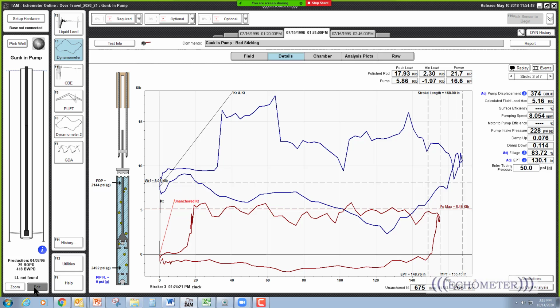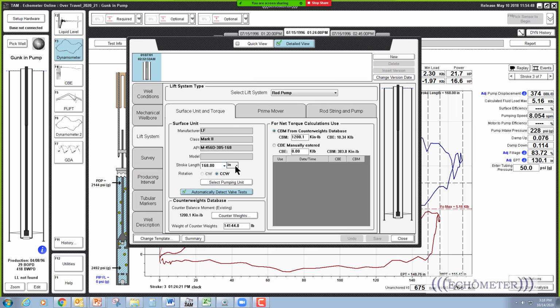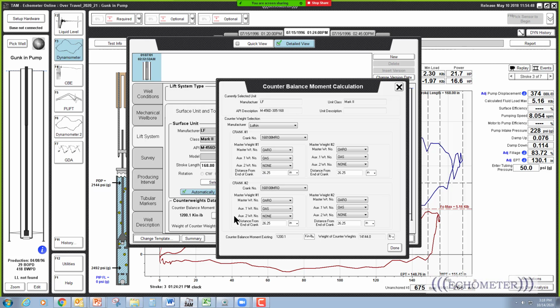If I click on Edit, and I click on Lift System, I've got a Mark pumping unit with a 456 gearbox, and I've got counterweights on the crank. I've got OAR master weights and OAS auxiliary weights, so we've got the information for torque.